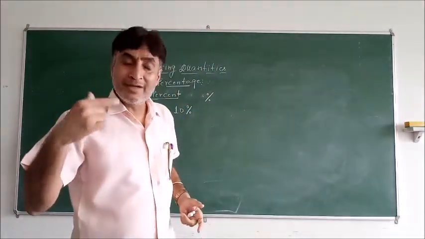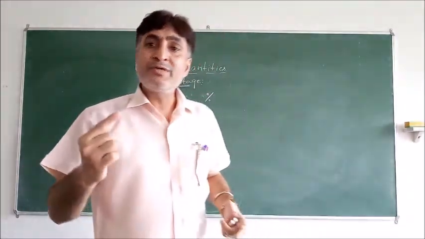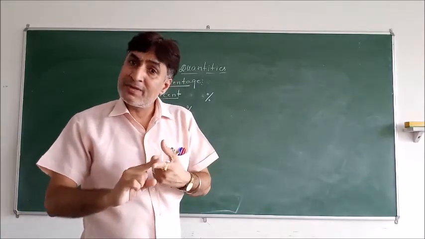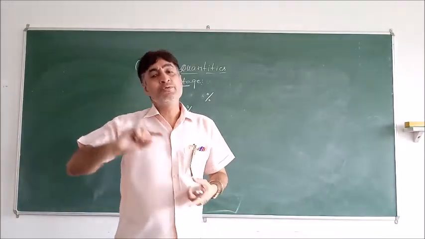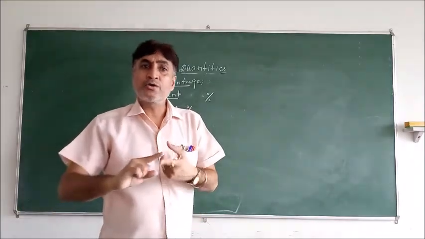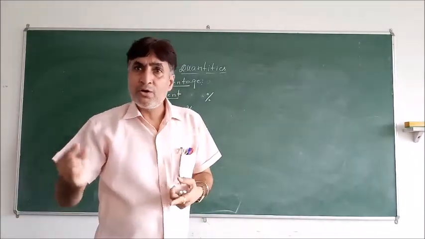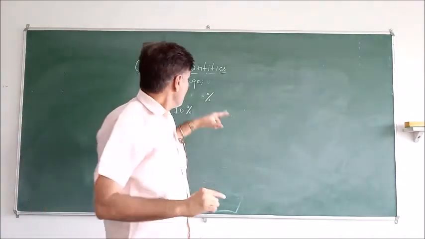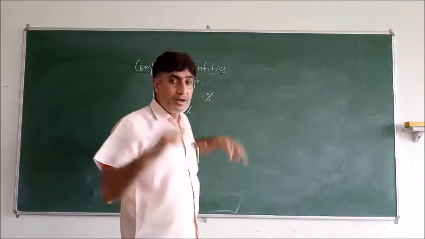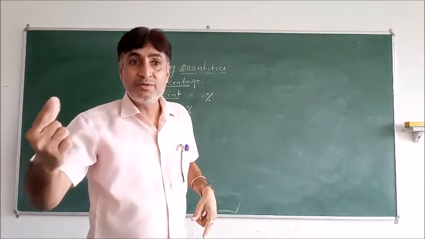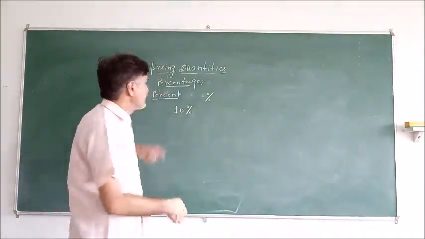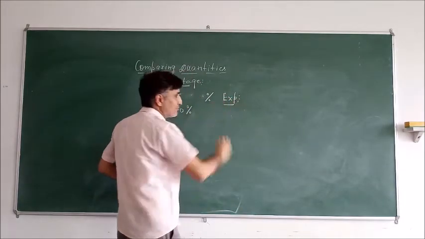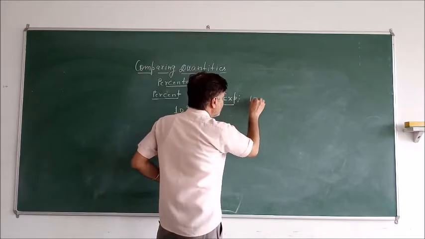Now we come to the next topic: how we can convert a number which is written in percentage form to decimal form, fractional form, or ratio. First of all, we write a number given in percentage form as a fraction. For example, we have 16%.